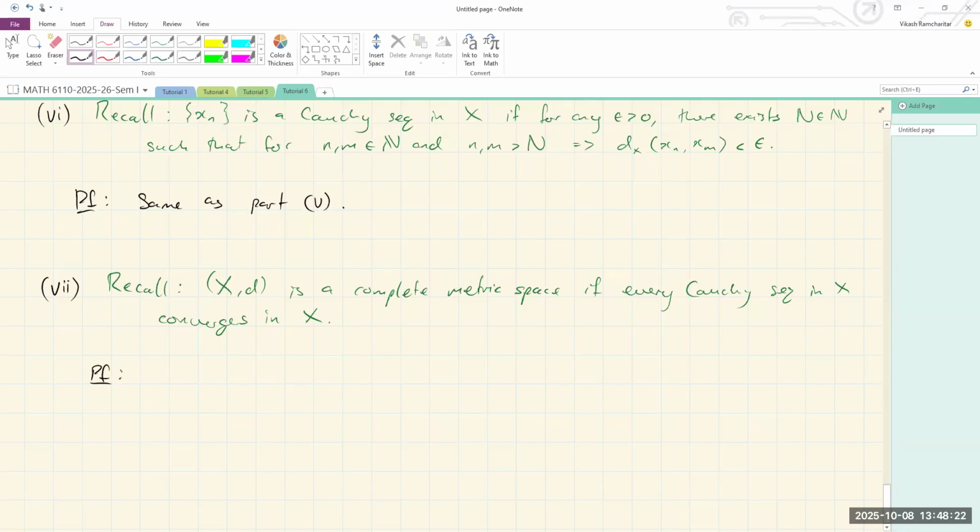Okay, so I want to prove both sides. How should I write this so that we only have to write it once, because it's an if and only if statement: X is complete if and only if Y is complete. So we could say, suppose (X, d_X) is complete.